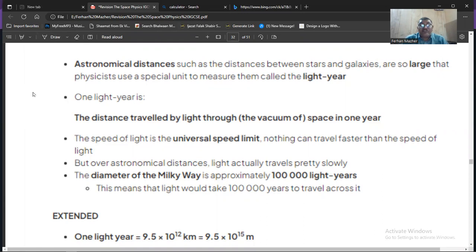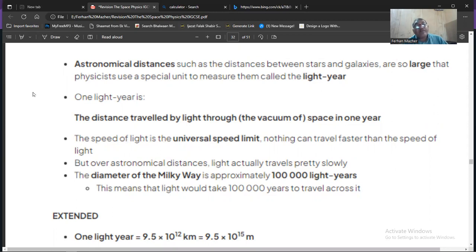1 light year is the distance traveled by light through the vacuum of space in 1 year. The speed of light is the universal speed limit. Nothing can travel faster than the speed of light. But over astronomical distances, light actually travels pretty slowly.